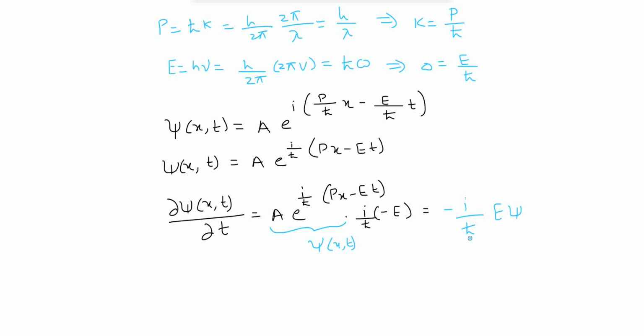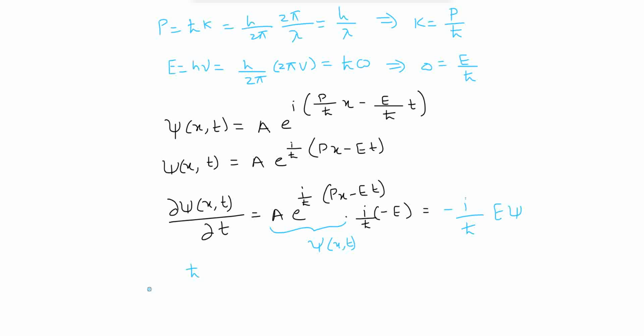Now when we take this to the other side, we get h cross by minus i. H cross by minus i is nothing but i h cross.